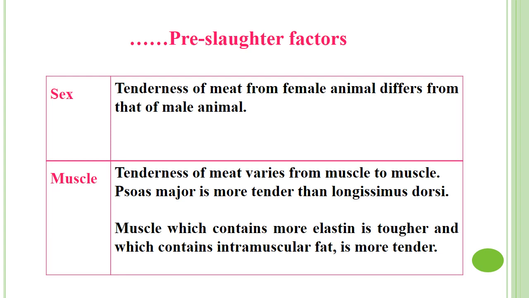Tenderness of meat varies from muscle to muscle. Psoas major is more tender than longissimus dorsi, because of the activity of the muscle. And a muscle which contains more elastin is tougher, and one which contains intramuscular fat is more tender. Some muscles have more intramuscular fat, that is marbling, so they appear to be more tender.